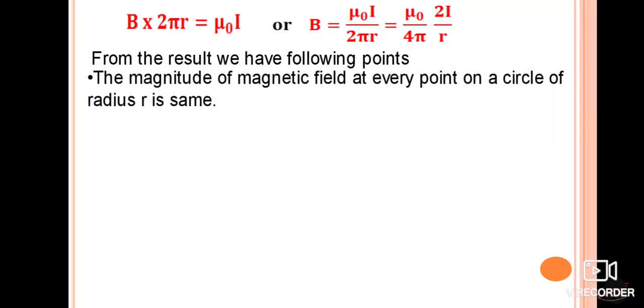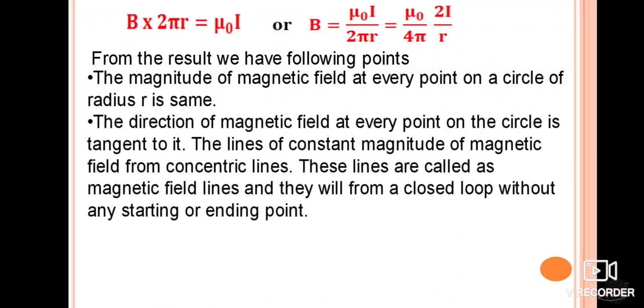The magnitude of the magnetic field at every point on the circle of radius r is the same. Whatever Amperian loop you take of a certain radius, the magnetic field will remain the same at that entire radius; it is not going to change.